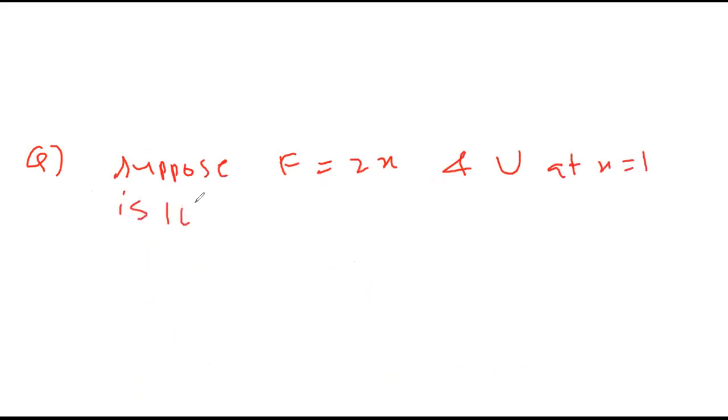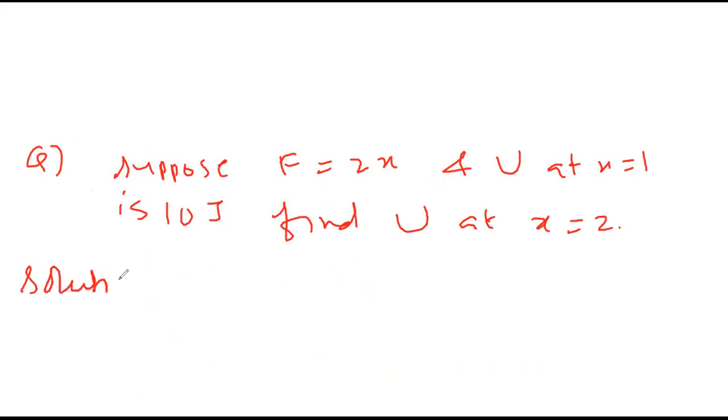Now a few questions related to this. Suppose F equals 2x and U at x equals 1 is 10 joule. Then find U at x equals 2. So we know U final minus U initial is minus of work done by a conservative force.